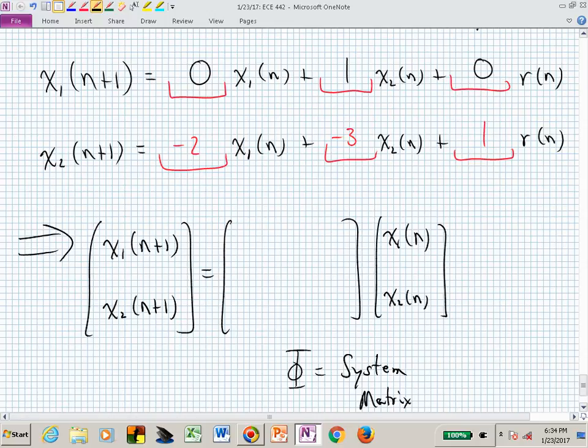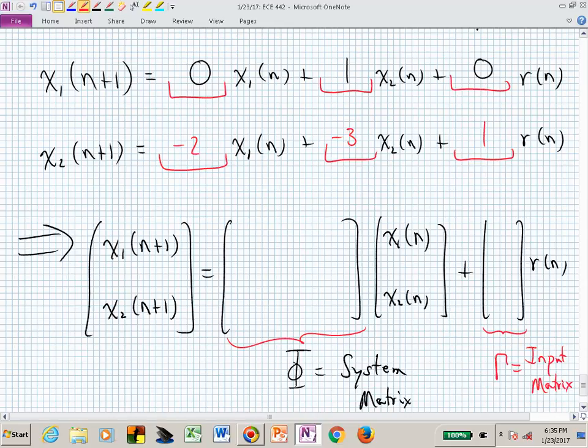So it's 2 by 2, plus an input matrix times r of n. Here is our system matrix. Here's our input matrix. That's going to be gamma.